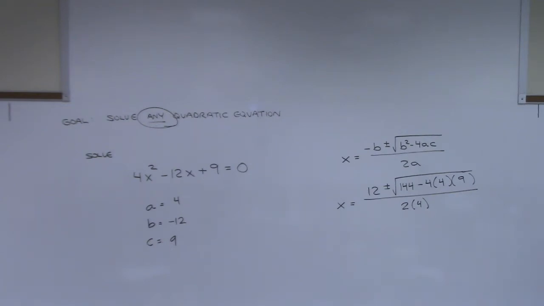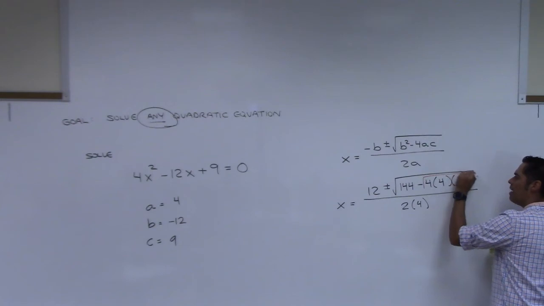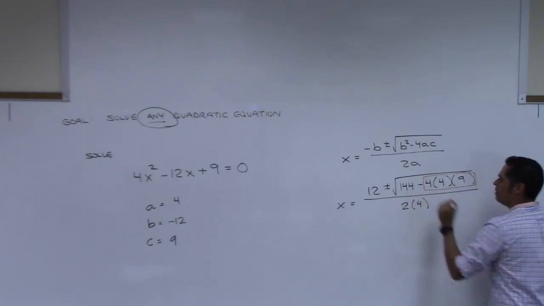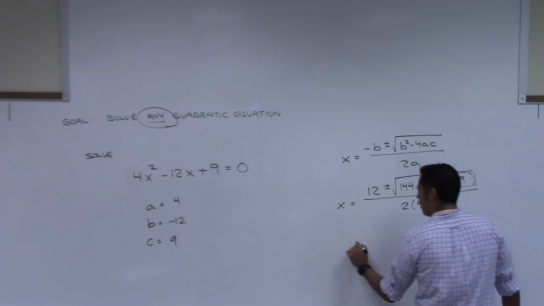Now what did I tell you to do next? Don't look at anything except what's happening right after that negative sign. What do you get there? 144. That's kind of weird.